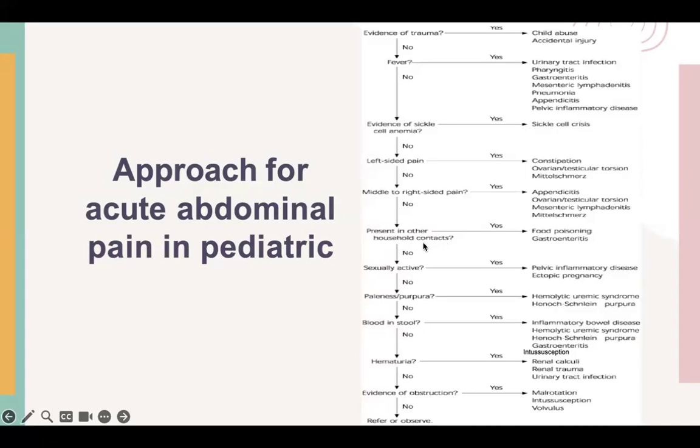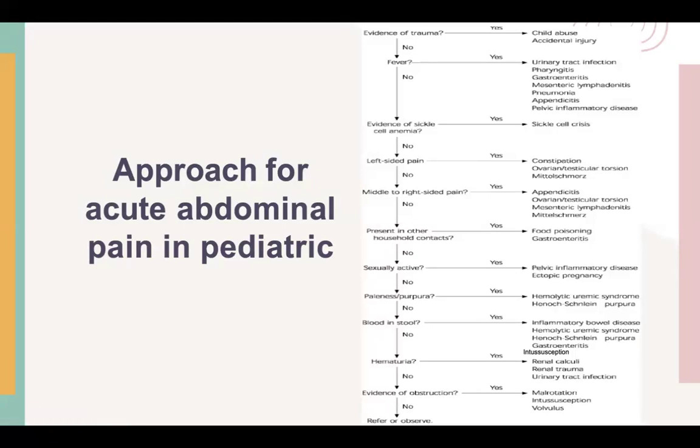If similar symptoms like vomiting and abdominal pain are present in other household contacts, it indicates either food poisoning or food-associated infection like gastroenteritis. With any sexual activity, it can be pelvic inflammatory disease or ectopic pregnancy, especially in older females or adolescents.